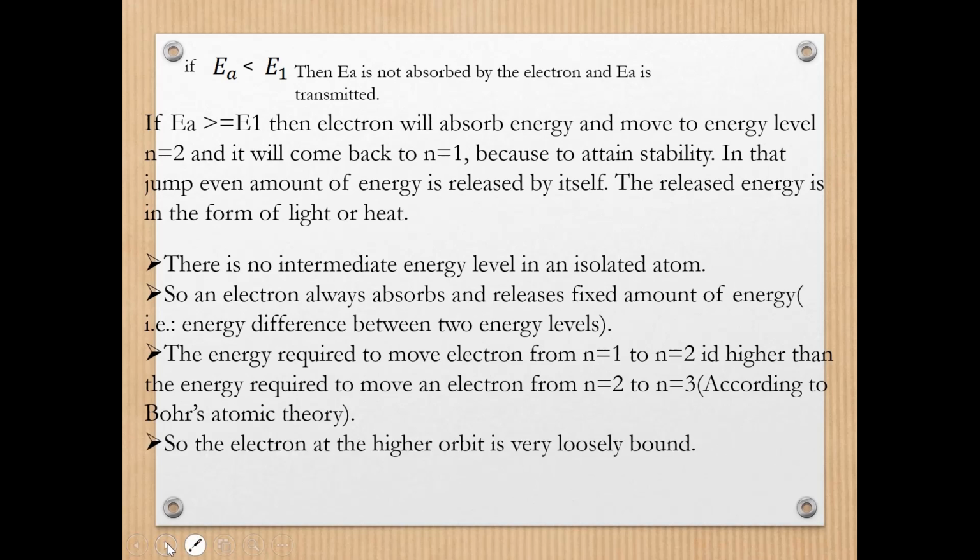The electron at the higher orbit is loosely bound because, as I told you, as we move away from the nucleus, the attractive force between the electron and the nucleus decreases. So the electron at the higher orbit is very loosely bound.